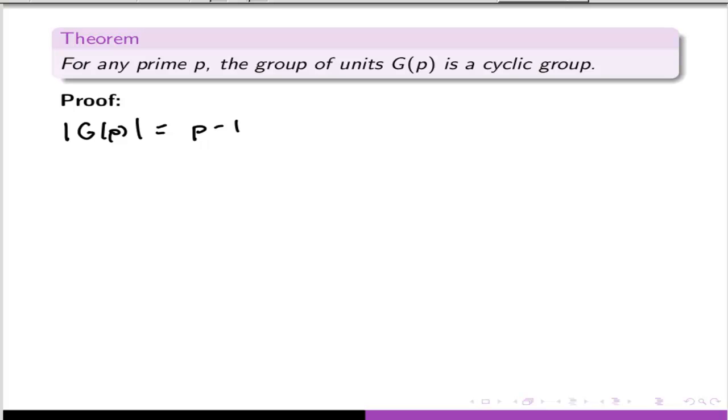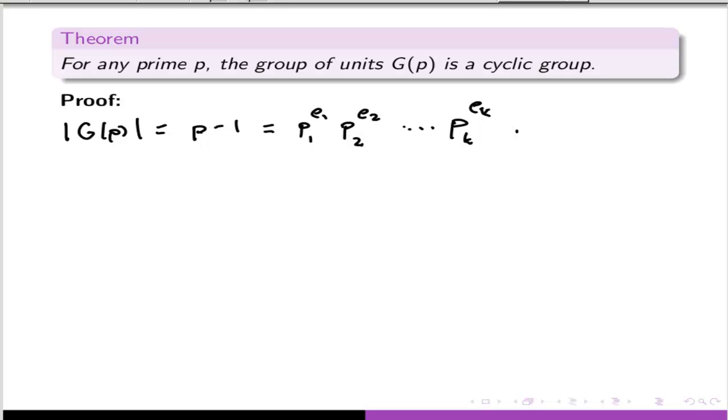Okay, and let's go ahead and factor this into a product of prime powers, say p1 to the e1, p2 to the e2, pk to the ek. So my strategy is to find elements of prime power order.